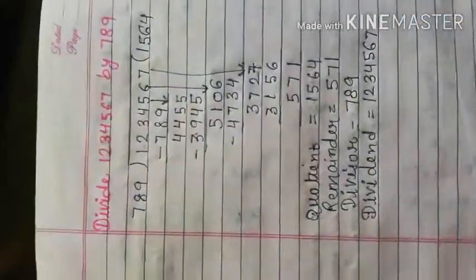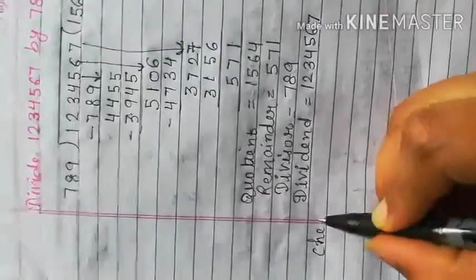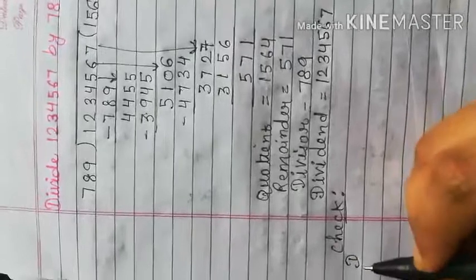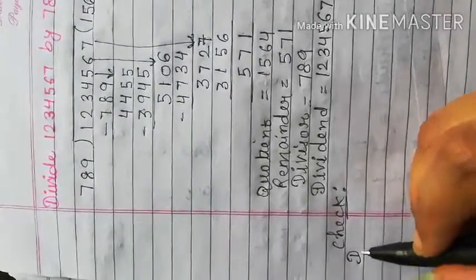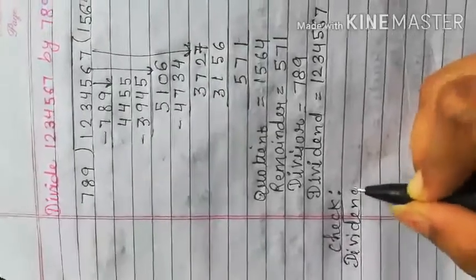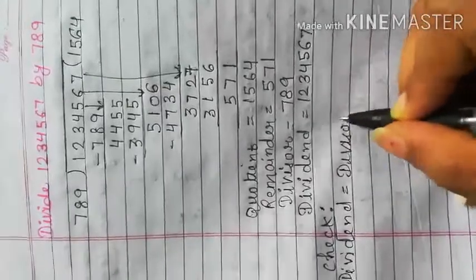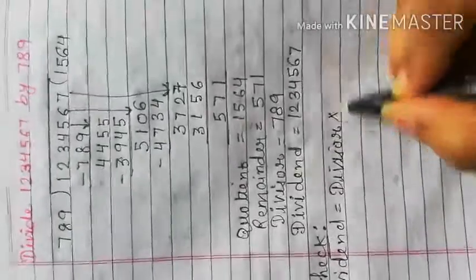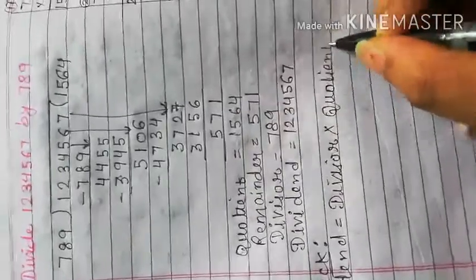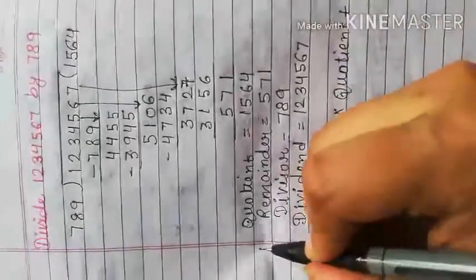Now what we will do, we will just check our answer by applying the division algorithm, and that is: dividend is equal to divisor into quotient plus remainder. I am representing this.